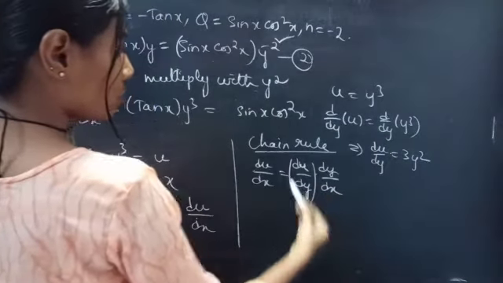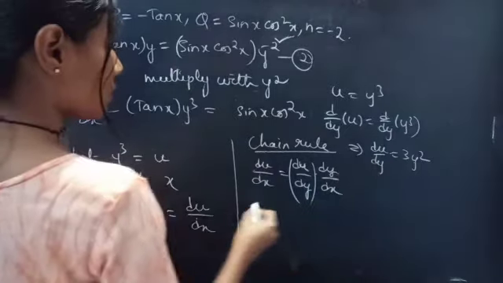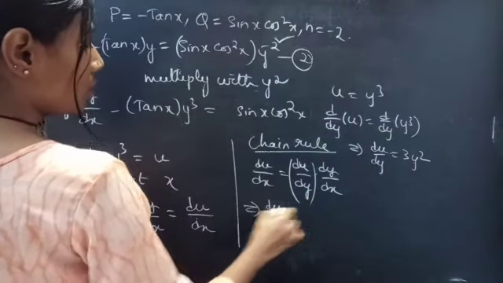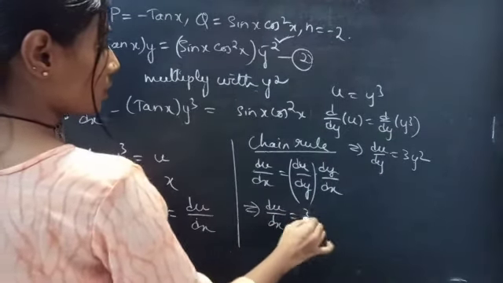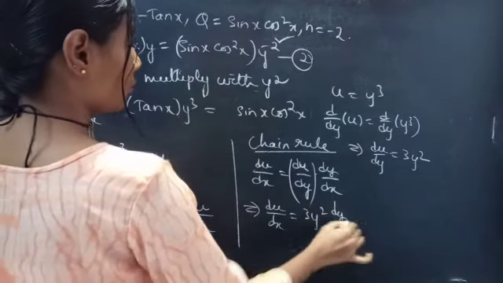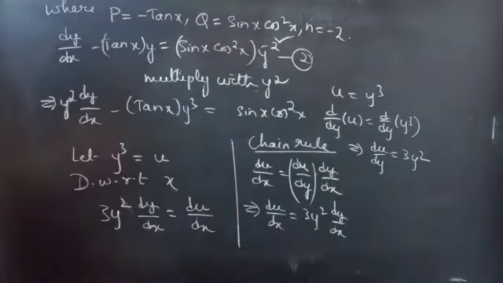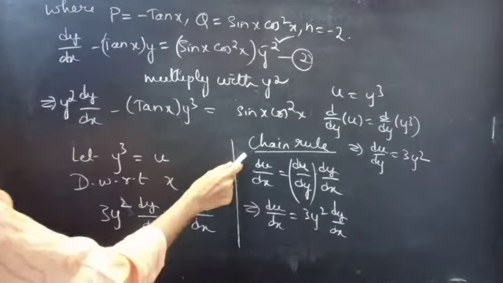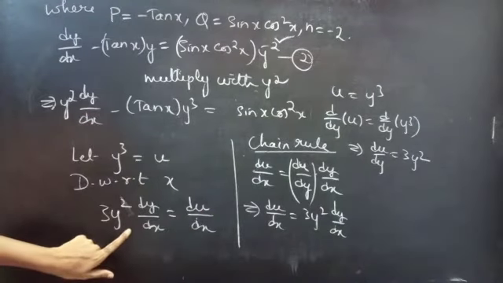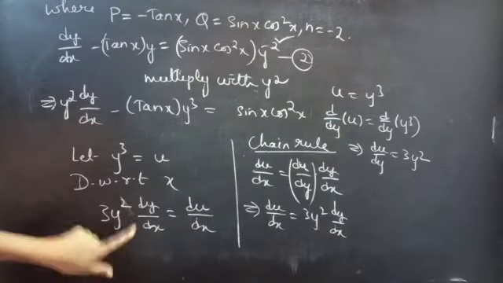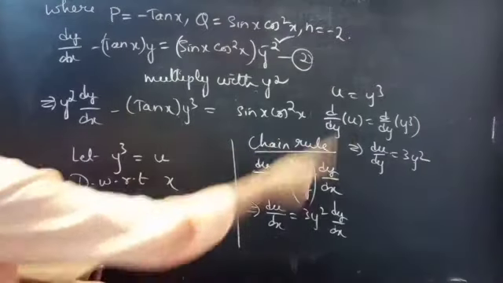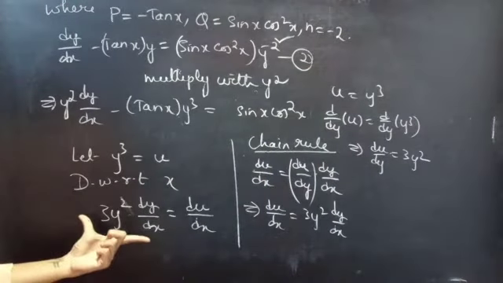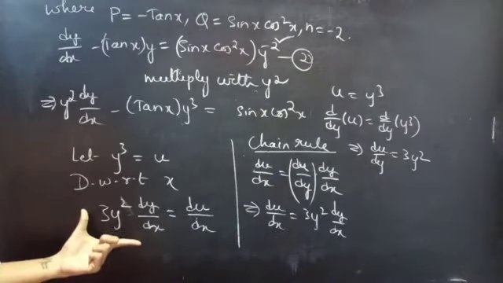Replacing du by dy with 3y square, we get du by dx equals 3y square into dy by dx. This is the actual procedure, but we'll do it as a shortcut, directly.